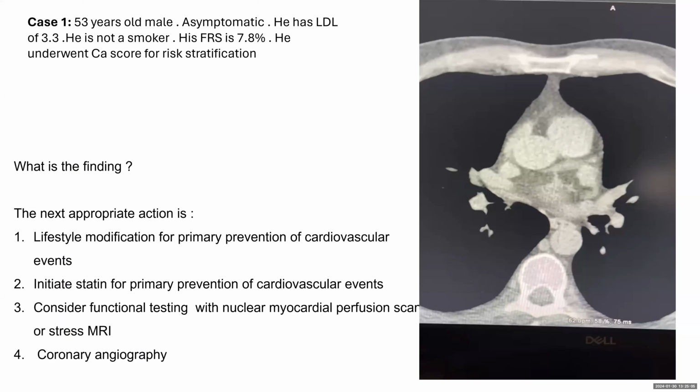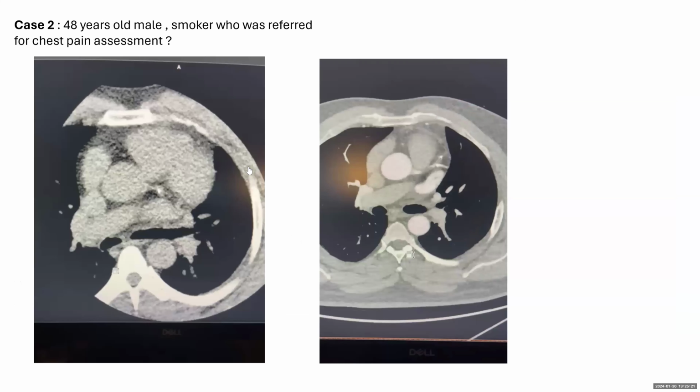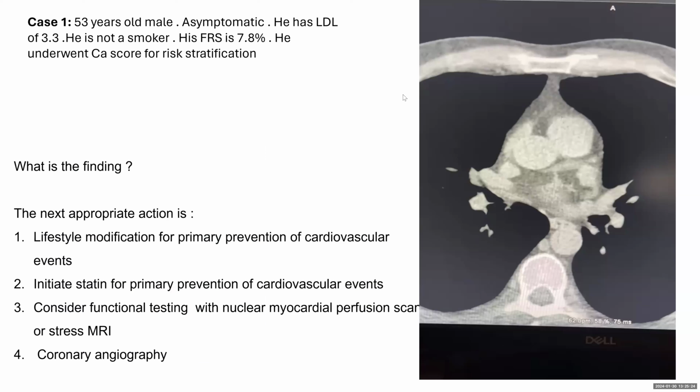Any extra methods? So there are 2 extra methods for quantification of calcium score: the mass score and the volume score.